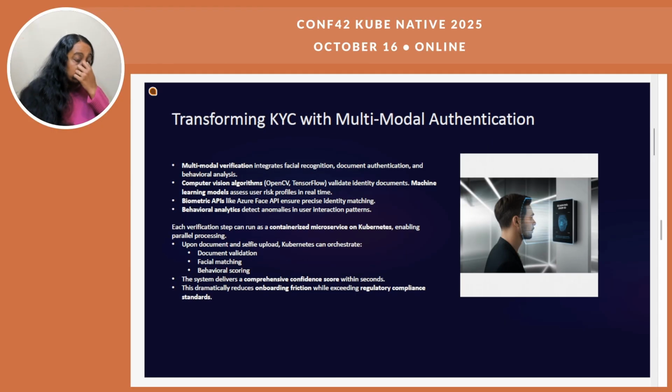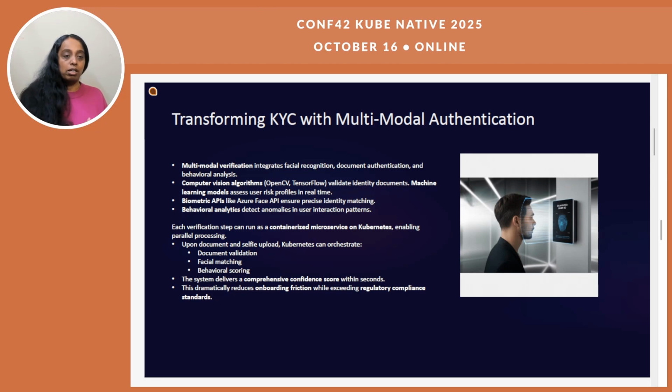Now, let's look at a couple of use cases. The first use case that I've got here is how KYC can be transformed with multimodal authentication. The multimodal biometric verification combines facial recognition, document authentication, and behavioral analysis with containerized microservices.